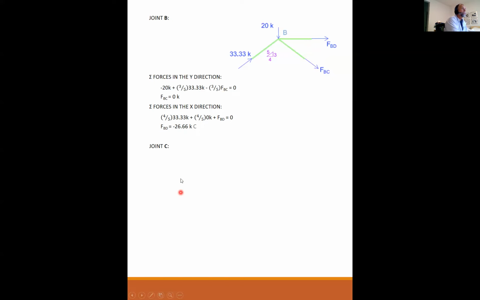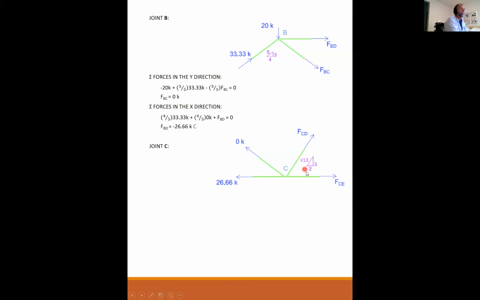Now we move to joint C. Joint C was not directly below joint B, it's off to the side here. So we know that BC is equal to 0. We know that AC is equal to 26.66 in tension. And then we have our 2 unknowns, CD and CE.